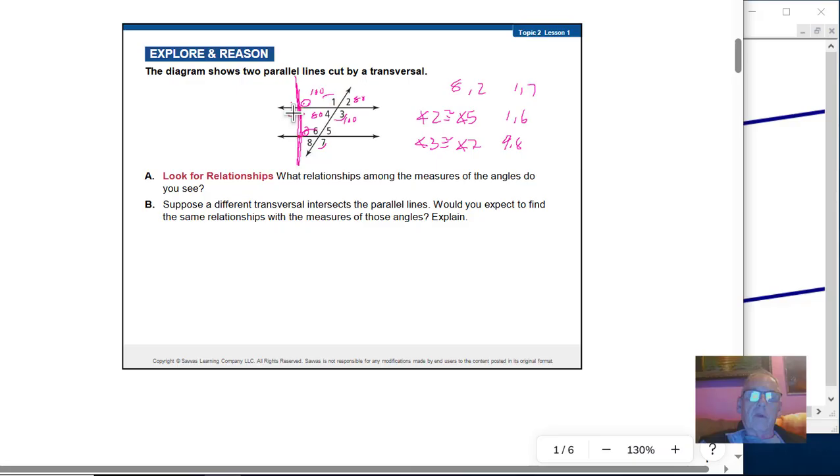Since vertical angles means those have to be equal, we could say that these are the same. This one and this one look like they would be the same because these are supplementary. So it doesn't look like a different transversal would make a difference with the relationships of those angles.